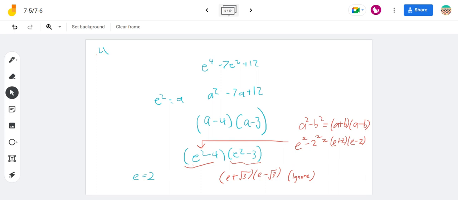So the final answer is e plus 2, e minus 2, e squared minus 3.